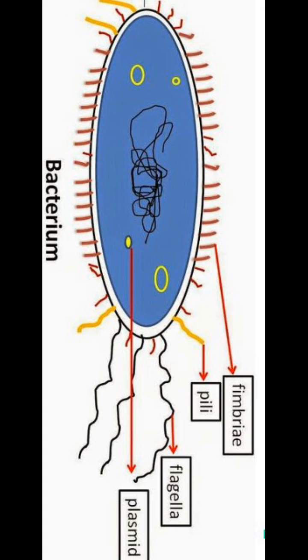Understand? Three different colored projections can be seen on the surface of the bacterium. One is the flagellum, we just discussed it. Next, pili, yellow in color. Next, fimbriae, short ones which are just like brush bristles. Dark brown color here, but they do not play any role in locomotion of the bacteria.